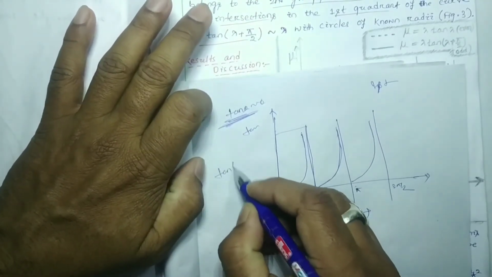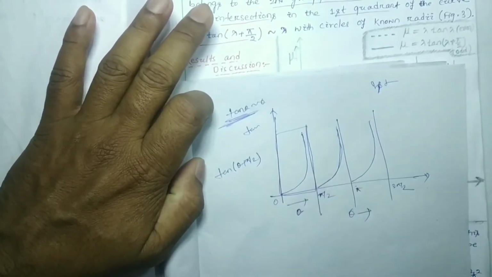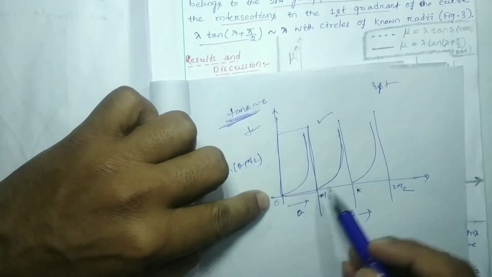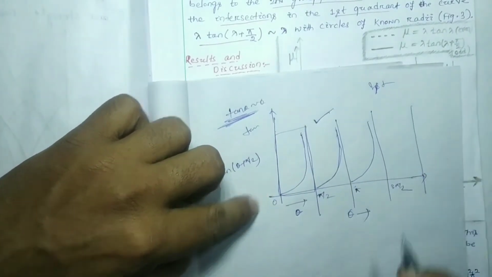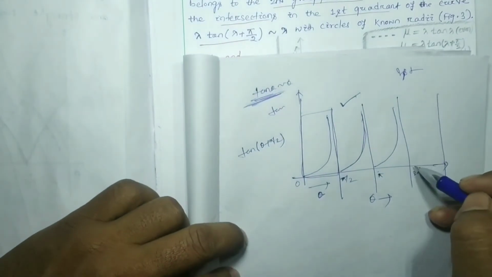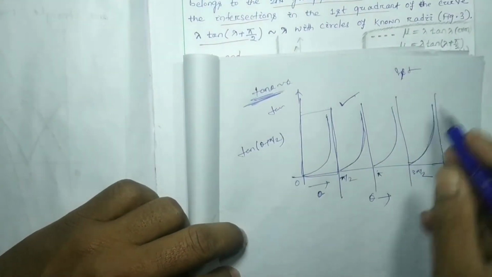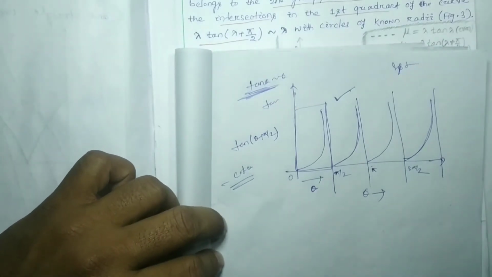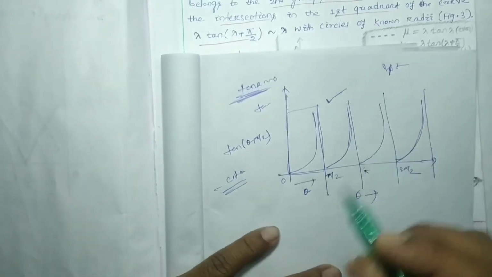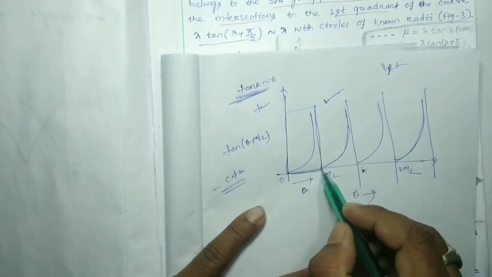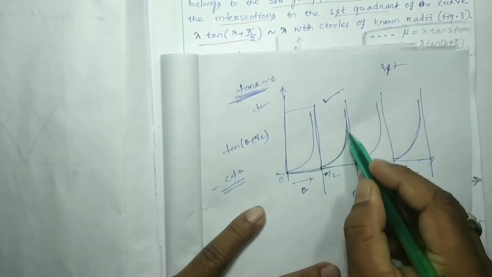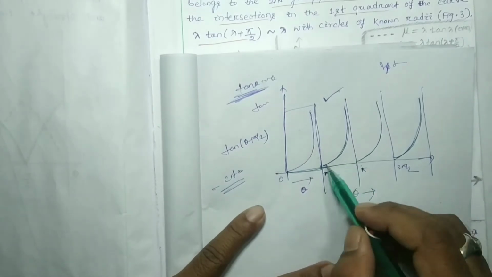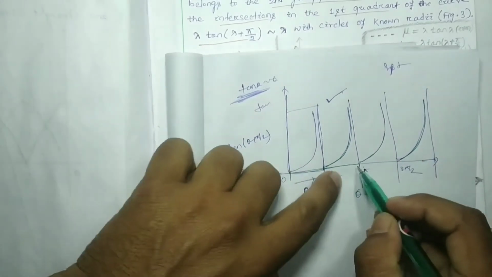So tan theta plus pi by 2 gives one portion here, and another portion after 3 pi by 2, or the so-called minus cot theta. In between these limits the curves are the same, not fully the same; the increment with theta is the same.